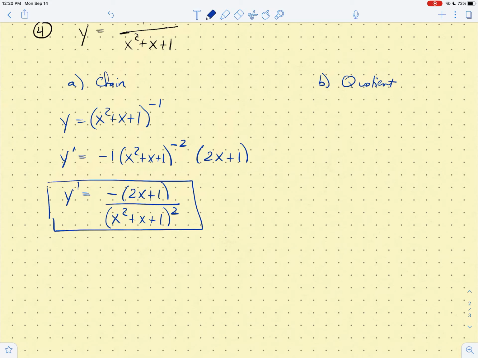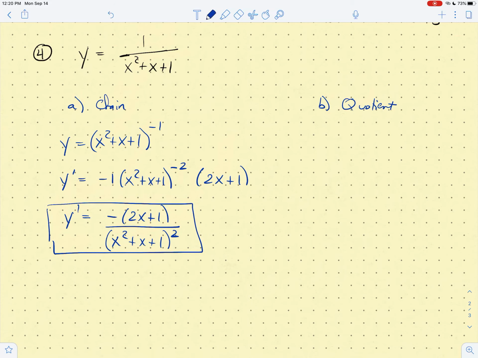Now let's work it out as a quotient. If I want, I can just use the quotient rule directly. When I do that, I get y prime is the derivative of the top, which is 0, times the bottom. So 0 minus the top times the derivative of the bottom, which is 2x plus 1, all over the bottom squared.